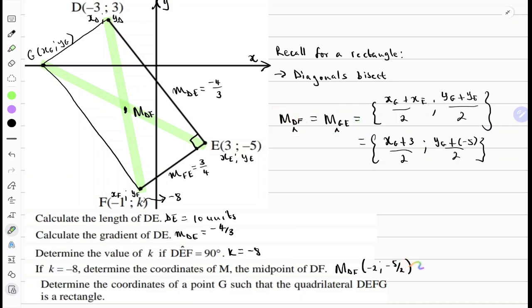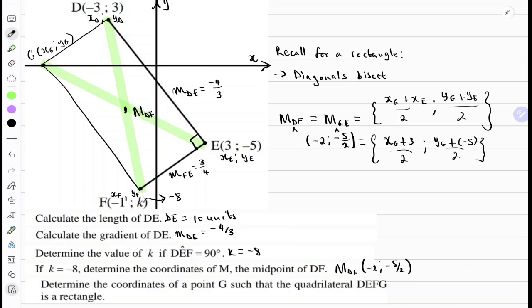We found the midpoint coordinates to be negative 2 and negative 5 over 2, so we can substitute it here. And since these two midpoints are the same, it means their coordinates are also the same. So we can equate the coordinates.